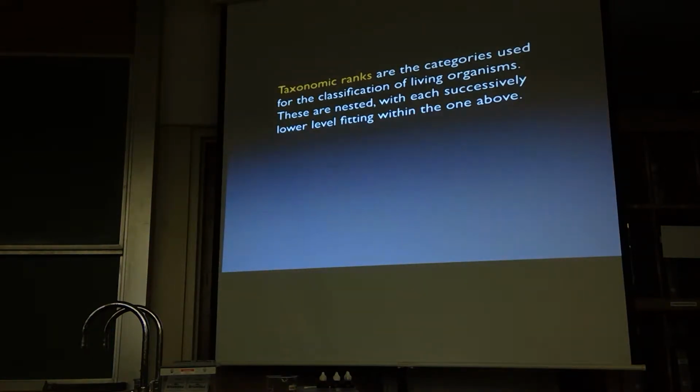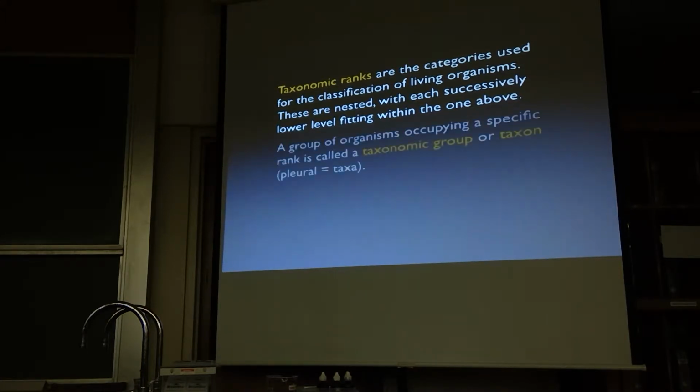Okay. The genus and the species are two taxonomic ranks. So they are two categories. When we started categorizing things, about the time that Linnaeus was putting together his manuscript, there were two broad categories of organisms, and then within those smaller categories. This has changed a little bit also, but a group of organisms that occupy a specific rank is called a taxonomic rank or a taxon, and these categories are nested.